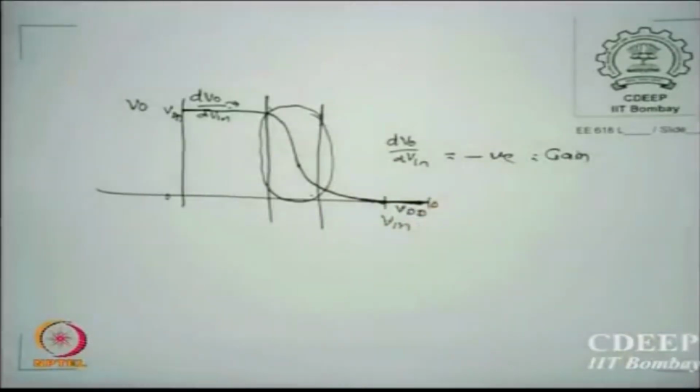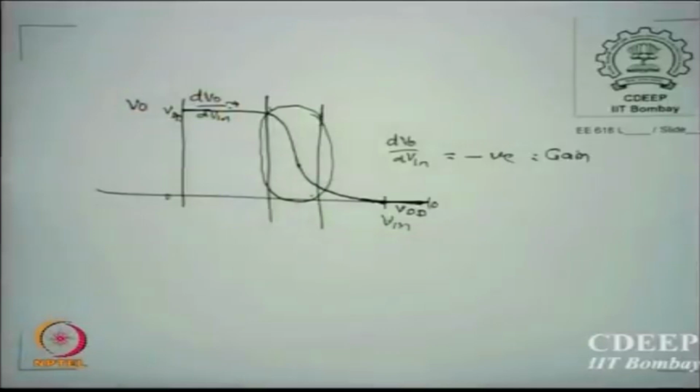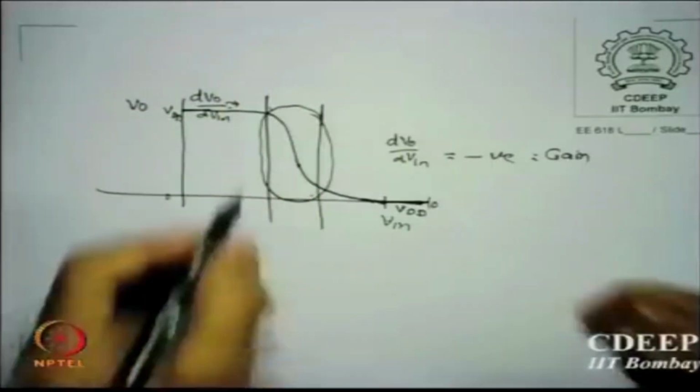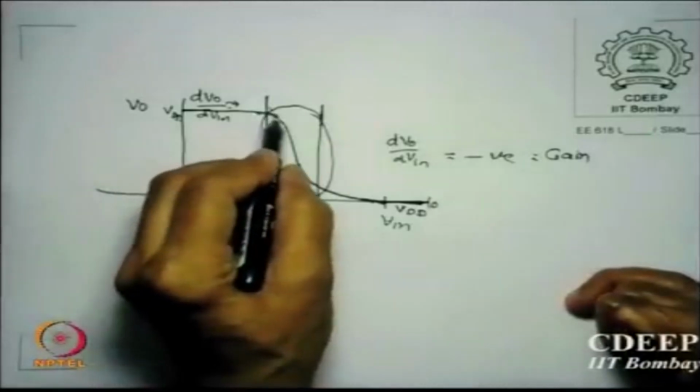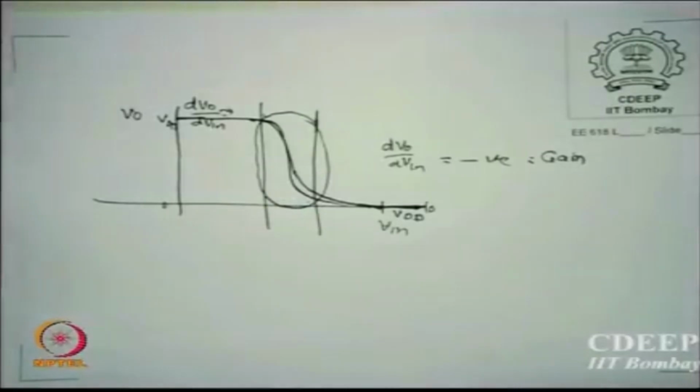So if you are looking for an amplifier, obviously you cannot operate in this region and this region. You can only operate in a very small region. And if you use a CMOS, you can see this will be even sharper like this. This is very interesting. That means dV0 by dV in is very high in transitions.